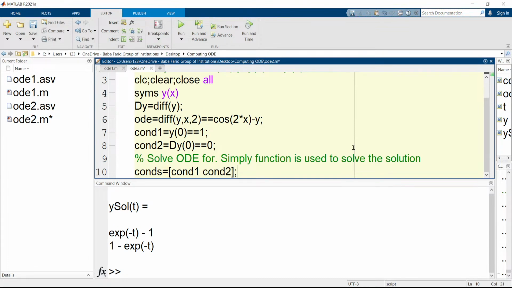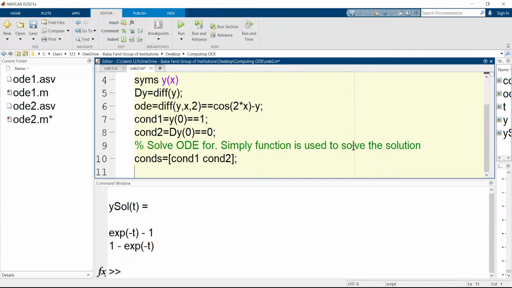So both the conditions which we are given are stored in the conditions in the single statement, and then after we can find out the solution for y. Okay, this will be equal to dsolve, and apply at this place ODE, then conditions.